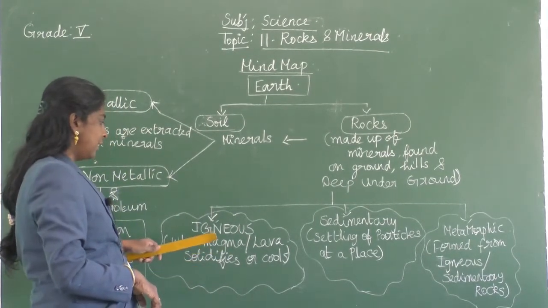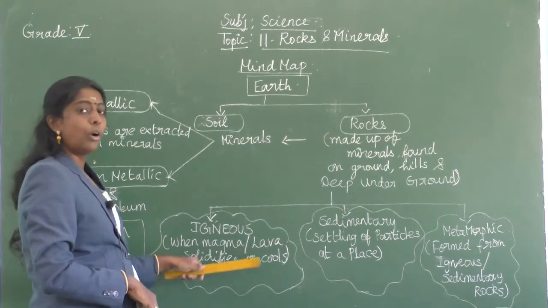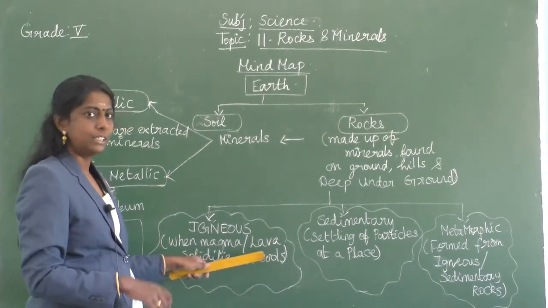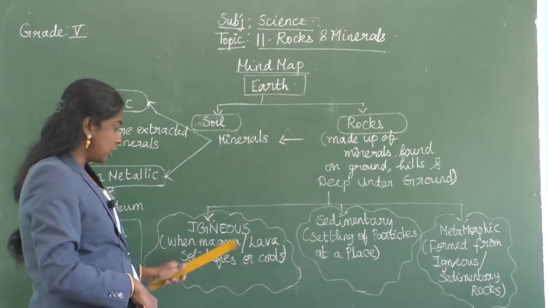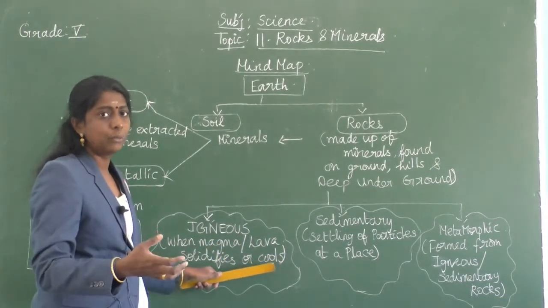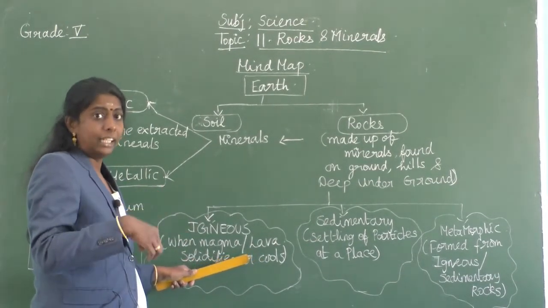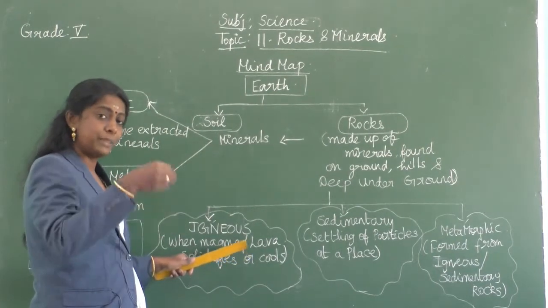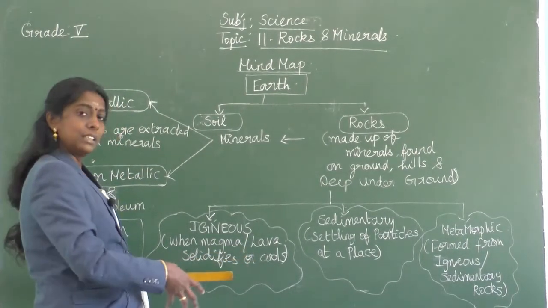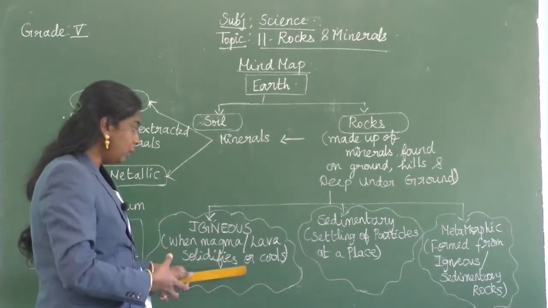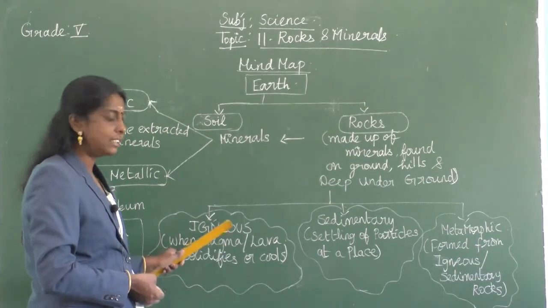It forms when magma or lava solidifies or cools. What is magma or lava? It is a hot volcanic liquid present below the earth's surface. When this solidifies or cools, you get igneous rock.